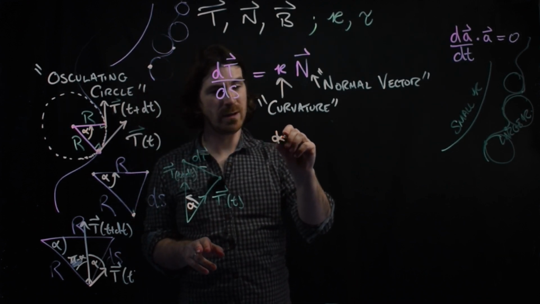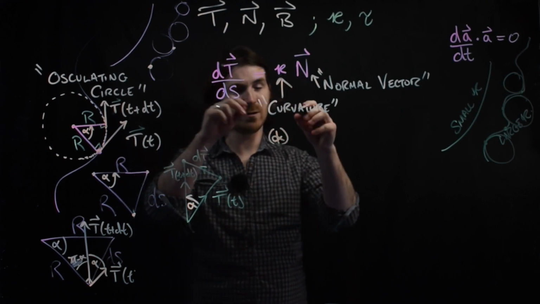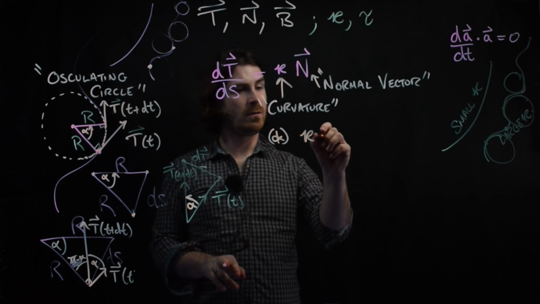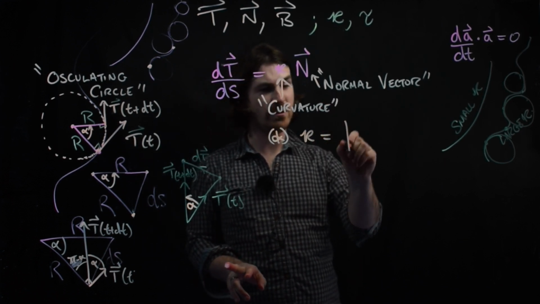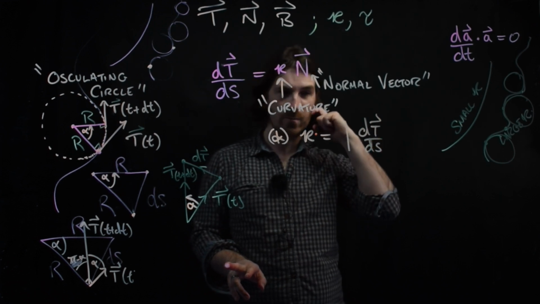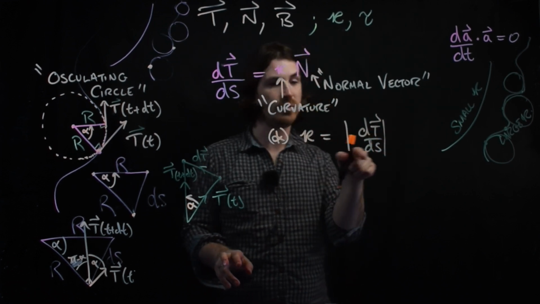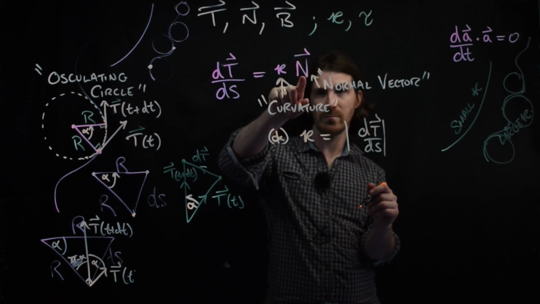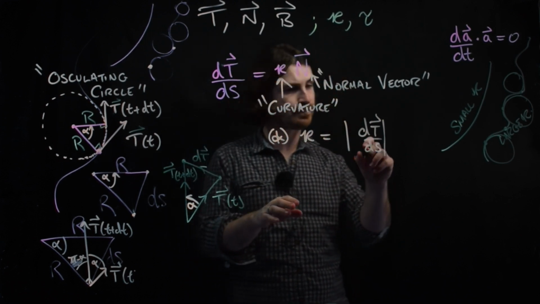So we saw that if we take the magnitude of both sides, then we get kappa equals the magnitude of dT/ds. This is the curvature, because N is a unit vector, so the magnitude of N is 1.